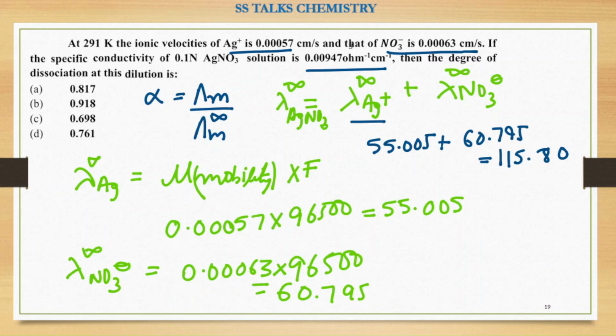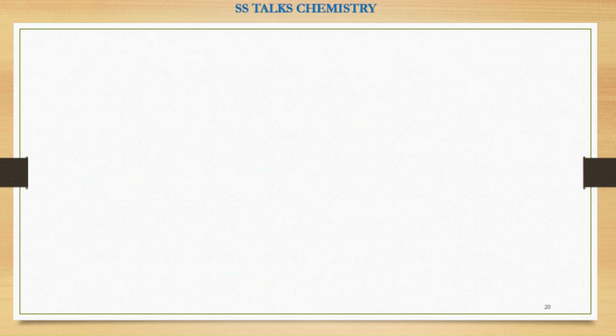Now we need the conductance at the other conditions also. For that we have been given the concentration value and also the specific conductance value. So the lambda n is going to be kappa into 1000 upon the concentration. Here this 1000 factor is included based upon the units of the concentration and the units of this kappa that is given to us.